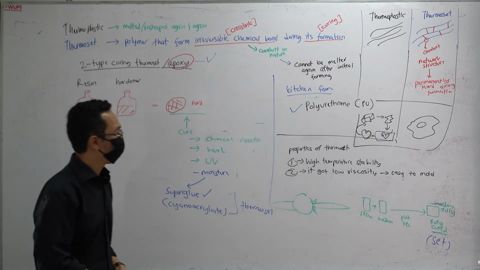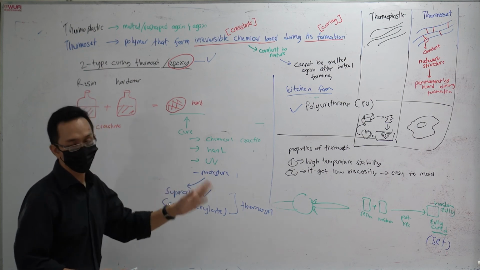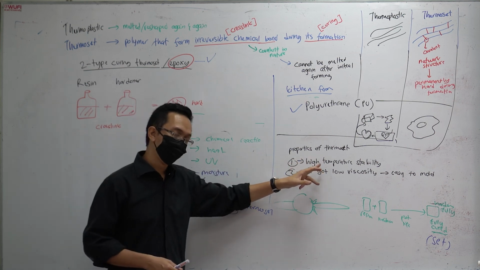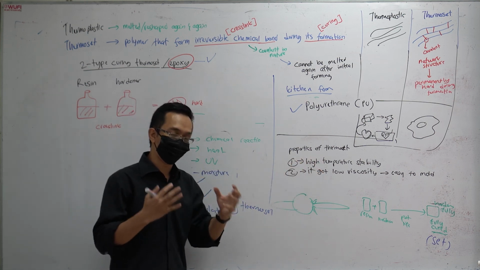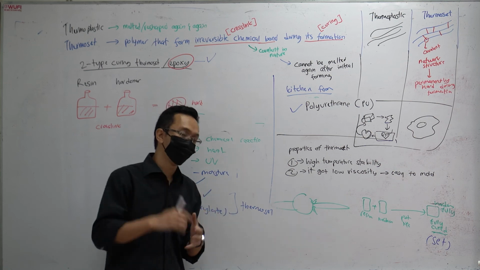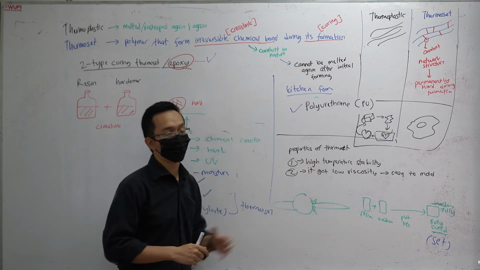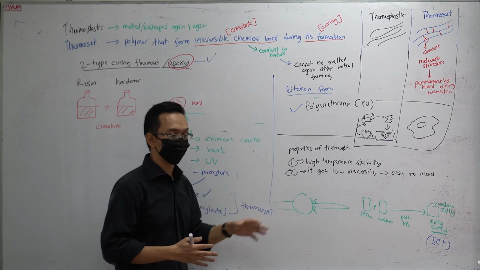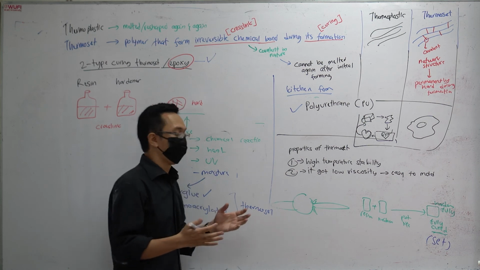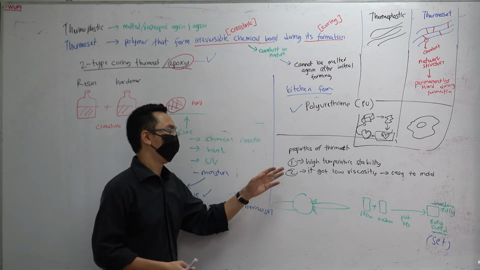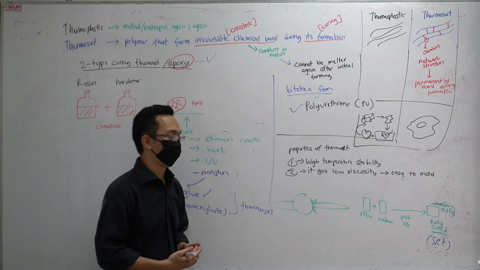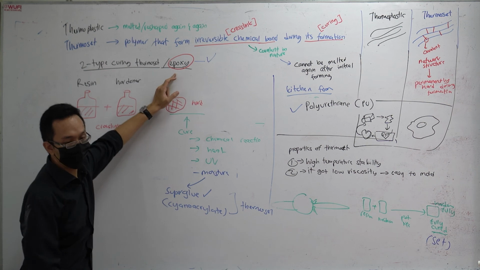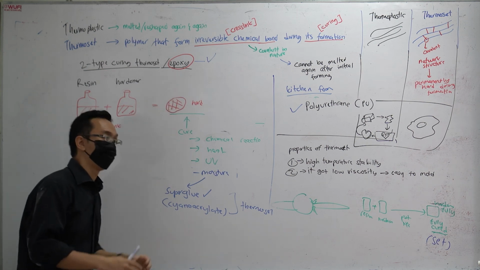Okay, so in general, we can say that 2 advantages of thermoset over thermoplastic is that first, it has high temperature stability. So if you want to make a plastic that can survive high temperature, then normally people go for thermoset. Secondly, because thermoset normally starts with the liquid, it's easy for molding, and in particular for the epoxy, the viscosity for the resin and hardener is very low.